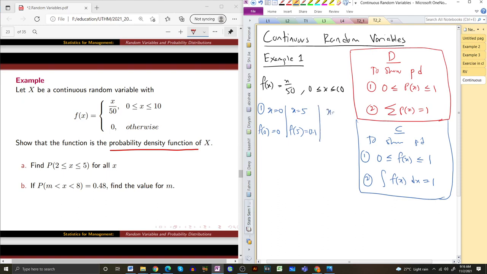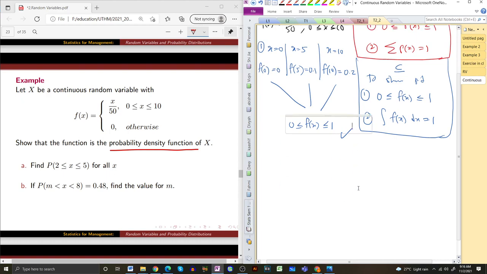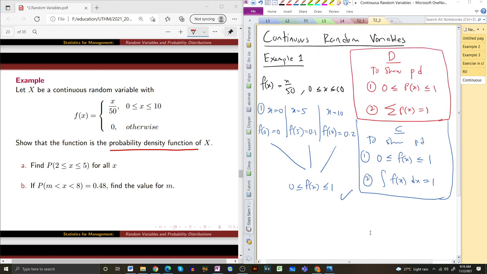And if you take x equal to 10, it is 0.2. Notice that all are between 0 and 1. The first condition is fulfilled. I give you some time to copy if you want.